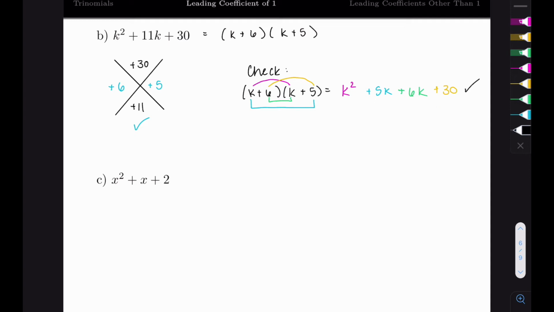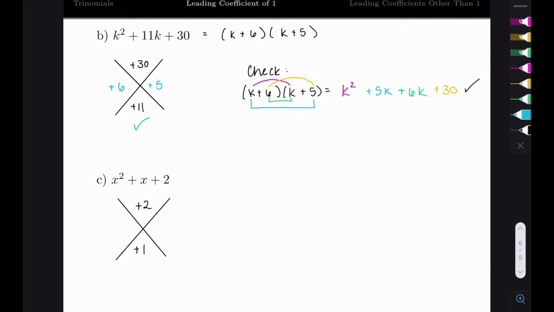So let's do one more before we start the more complicated ones with a number other than 1 out front. We have the numbers need to multiply to 2 and they need to add to positive 1. Well, 2 doesn't give us a ton of options.